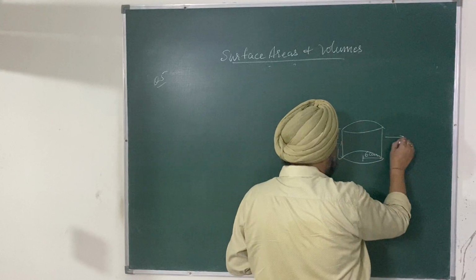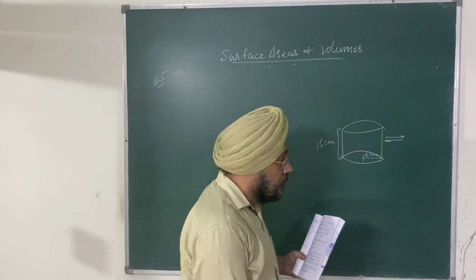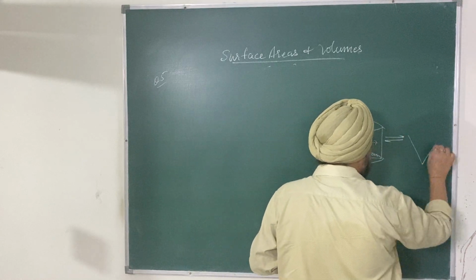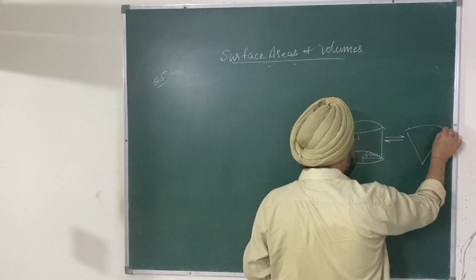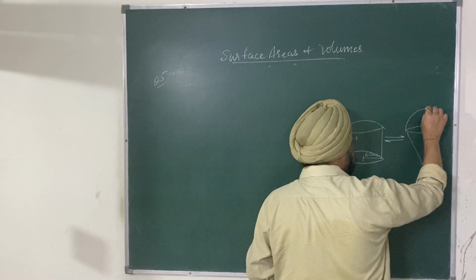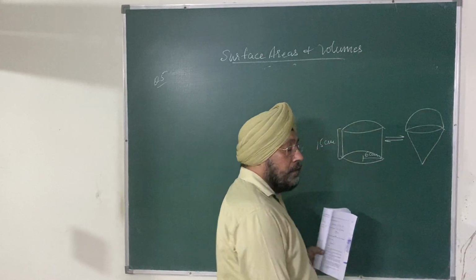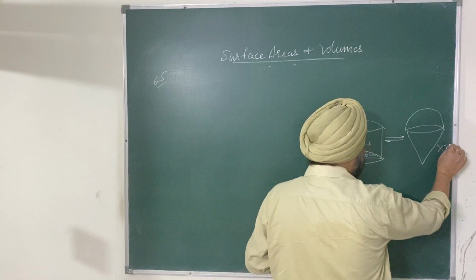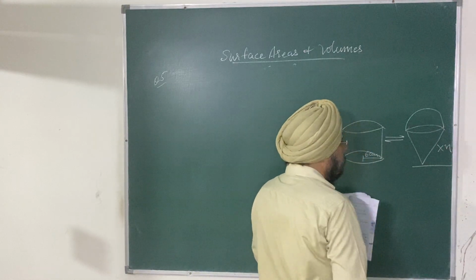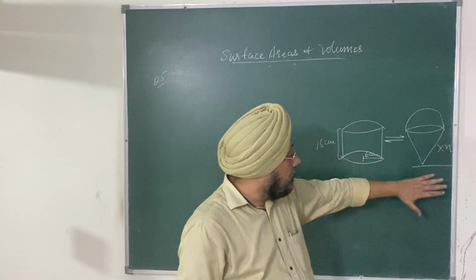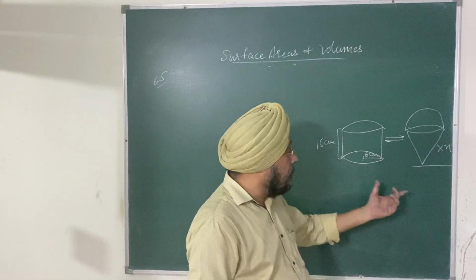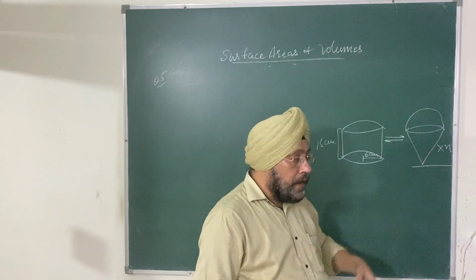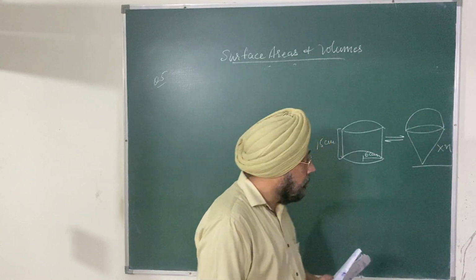Now this amount of ice cream has been shifted over cones whose base is in conical form and whose top is hemispherical. So let the number of cones be n. So the volume of ice cream in n number of cones must be equal to the volume of ice cream in the cylinder. So we have to calculate the value of n.